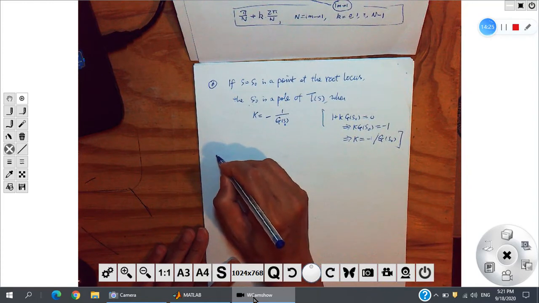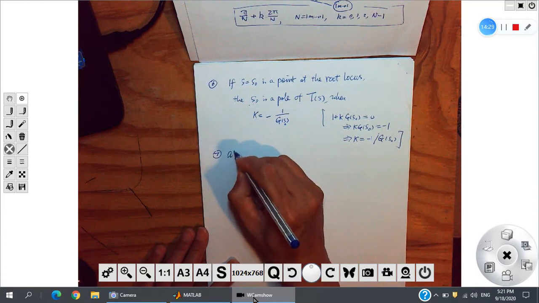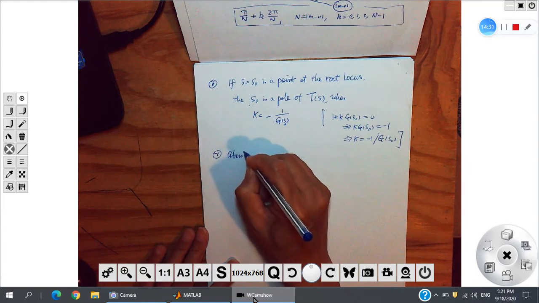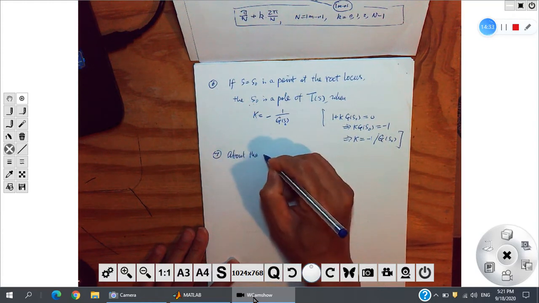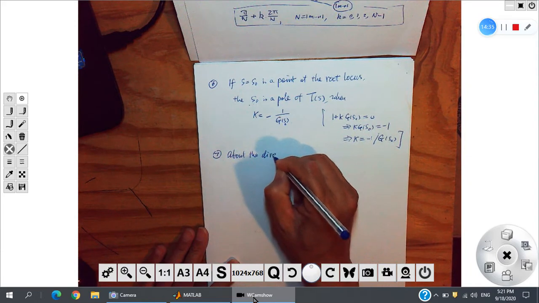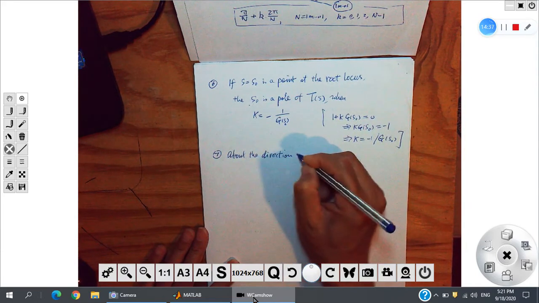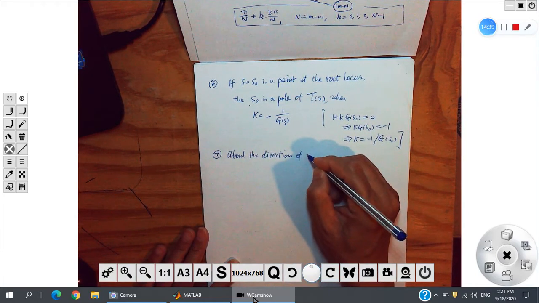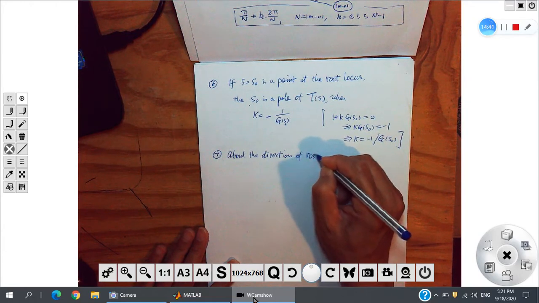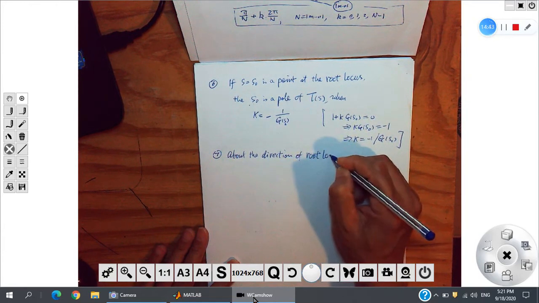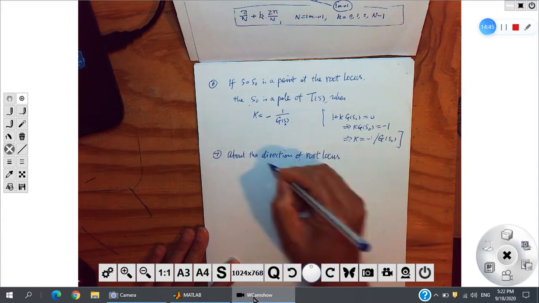And the 7th thing is about the direction, the angle, of the root locus, the direction of the angles.